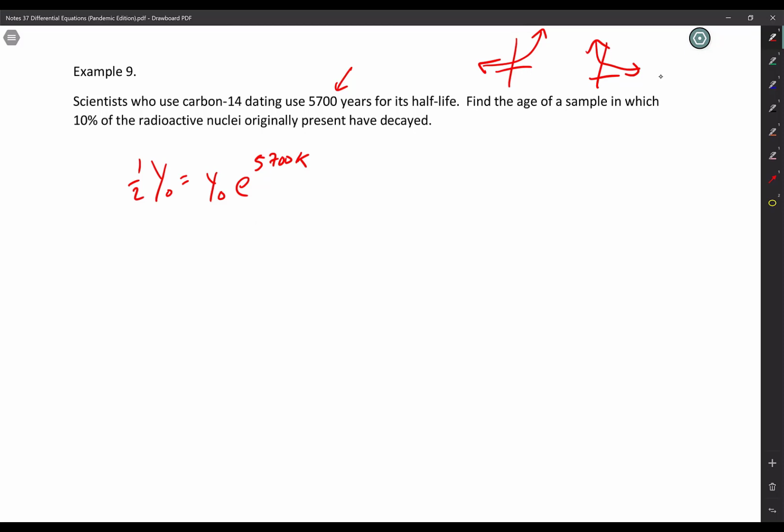Because once I have k, I can just solve for t. I don't know t. I know the half-life, but I don't know how much time it takes for me to have 90% of the nuclei present.